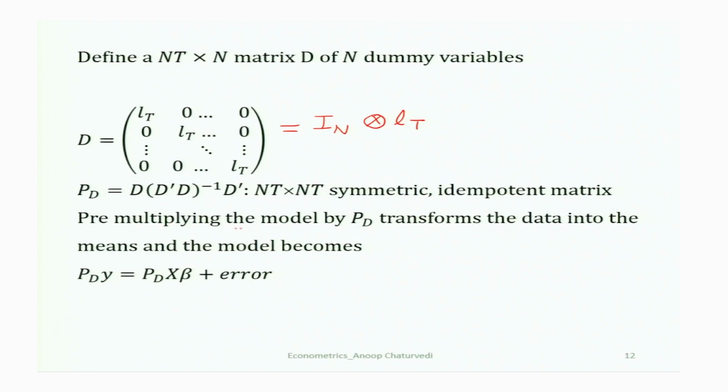And pre-multiplying the model by P_D transforms the data into means, and then the model becomes P_D y equal to P_D x beta plus you have some error term.